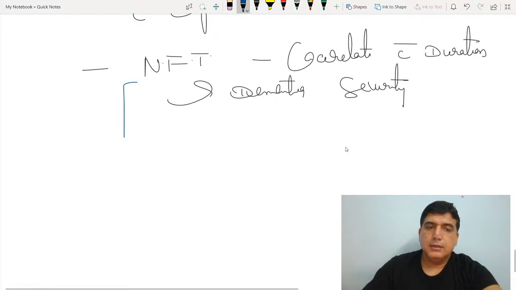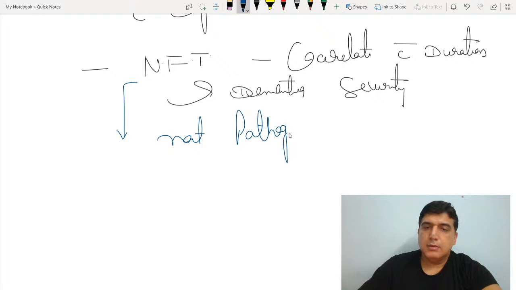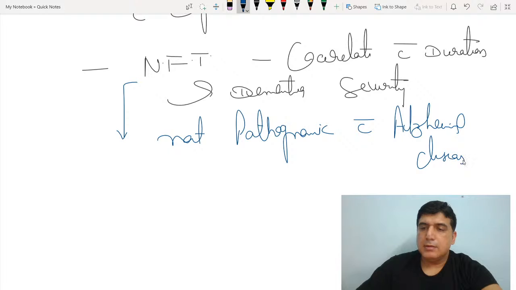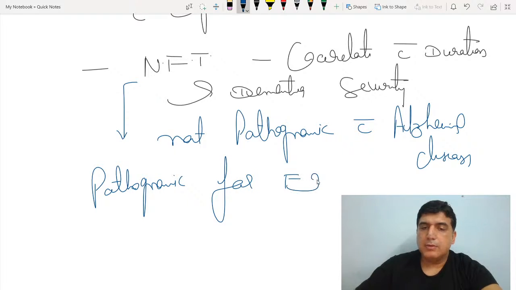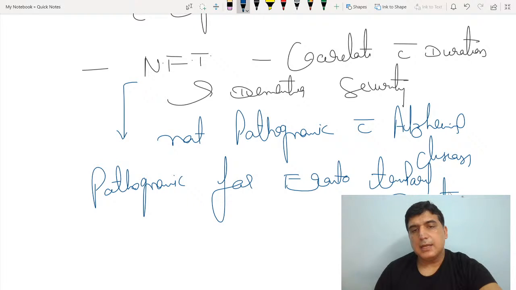Neurofibrillary tangle is not pathognomonic with Alzheimer's disease, but it is pathognomonic for frontotemporal dementia.